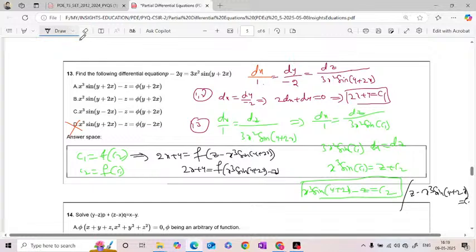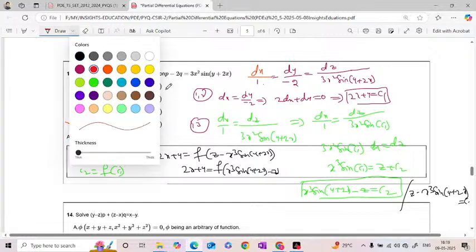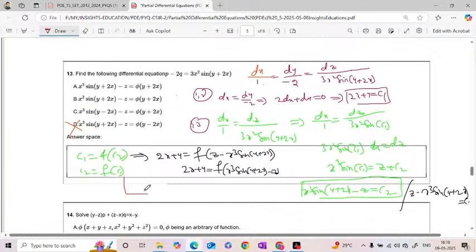And the next form, you can write this form also: C2, C2 is equal to x cube sine of y plus 2x minus z is equal to function of y plus 2x. So negative, so option B is the correct.